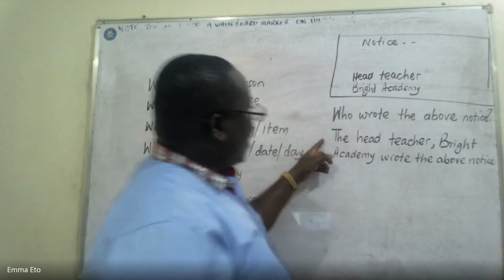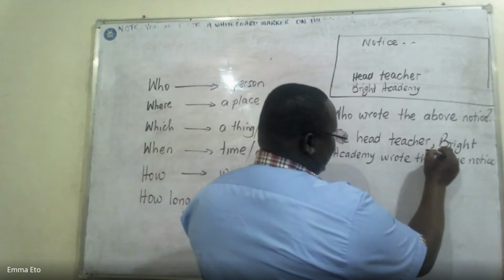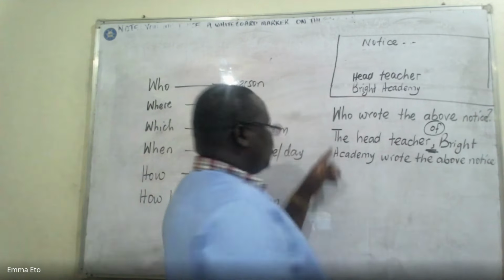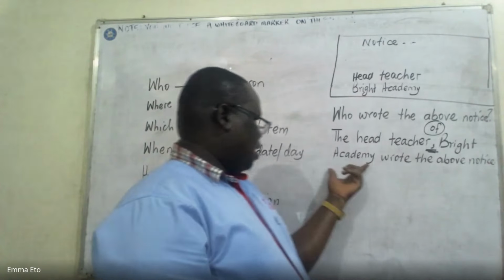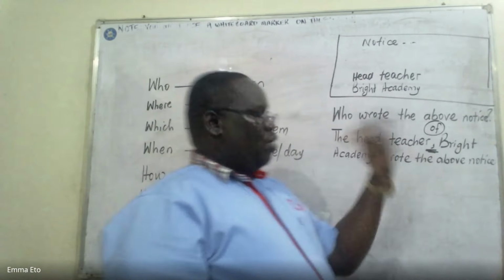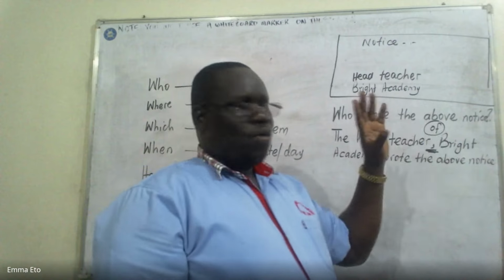Or, if I don't want to use this comma, I will now use the of. The head teacher of Bright Academy wrote the above notice. We should learn to answer a who question in the simple way.